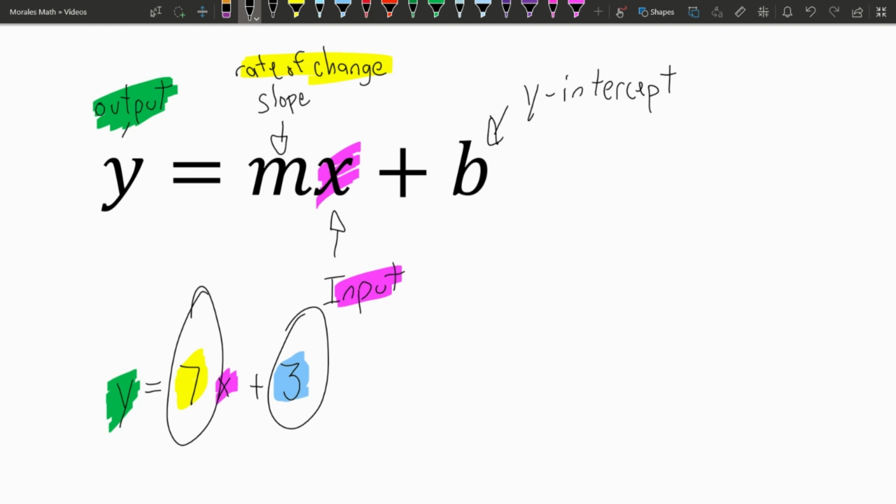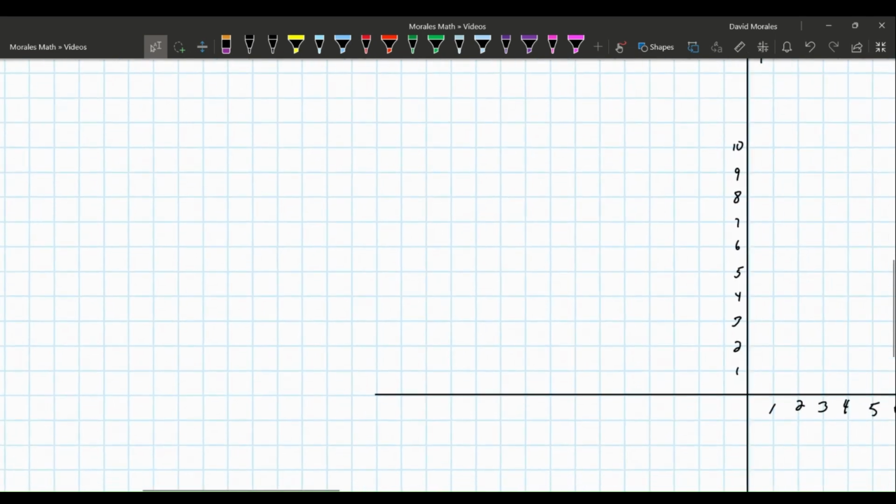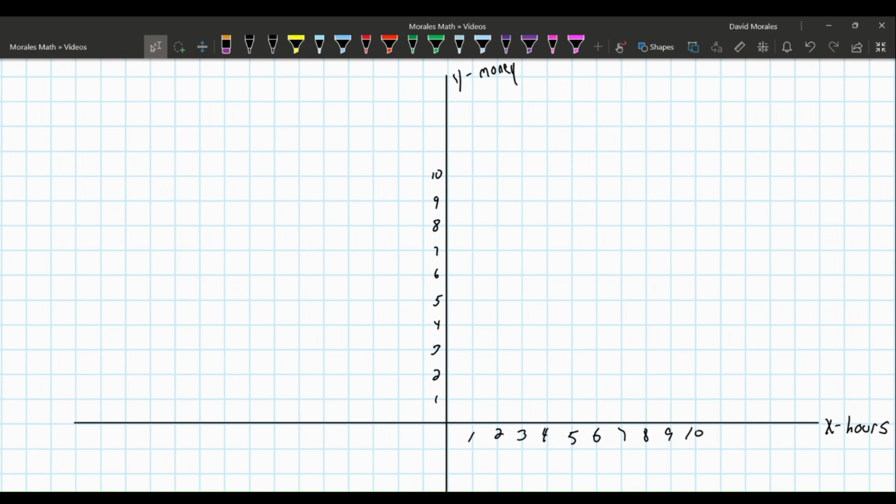But now let's go ahead and actually start to graph a linear equation. So how do we actually graph a linear equation? Well, I've got a little graph here, and on this graph, we're going to graph that same equation, y equals 7x plus 3.